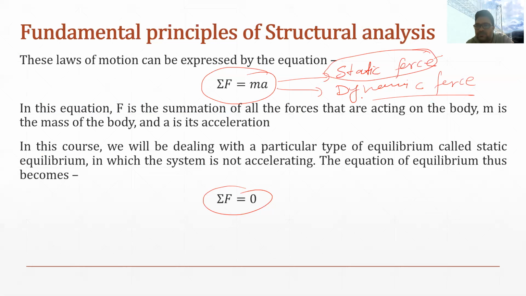At a particular time it may be 0, at another point of time it may have some magnitude. For example, the earthquake: its magnitude is not certain at any time. In our building, at one point of time there is no force, and when an earthquake comes, there is a force of earthquake in the building.